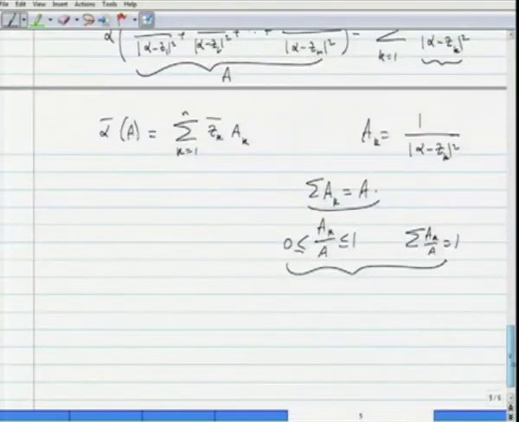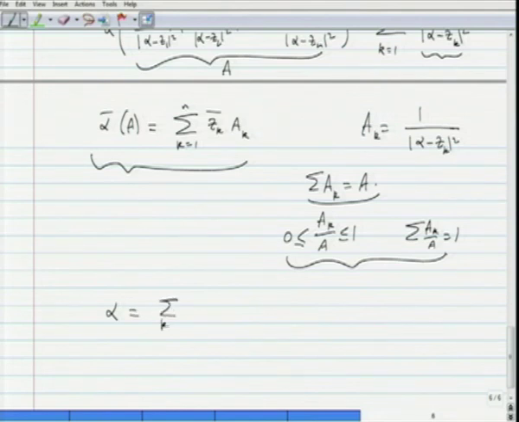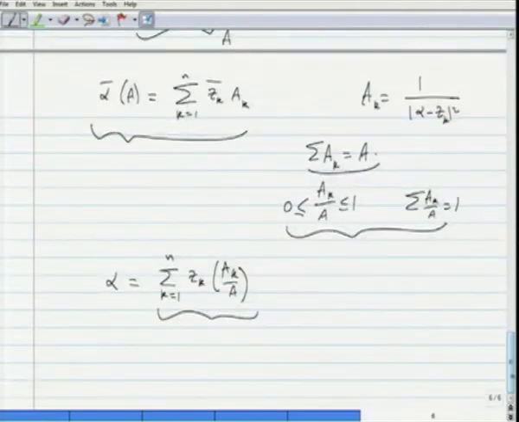So, I will conjugate on both sides of this equation. a and ak are real numbers, so the conjugation does not affect them. What I get is alpha is equal to sigma k equals 1 through n of zk times ak by a. Now we recognize that this is a combination like in property 2.